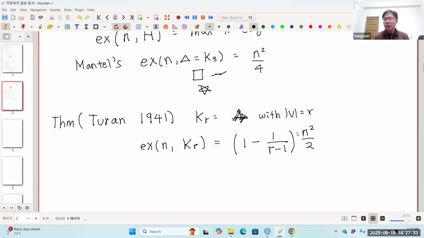Okay, so we still have this n squared over 2. This is the maximum number of edges on the complete graph, but then you have this fractional amount to avoid this K_r complete graph.